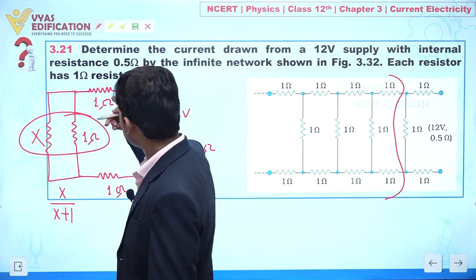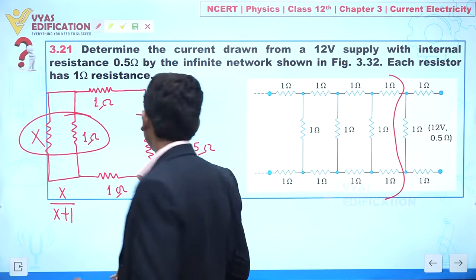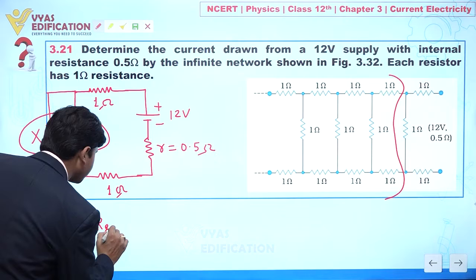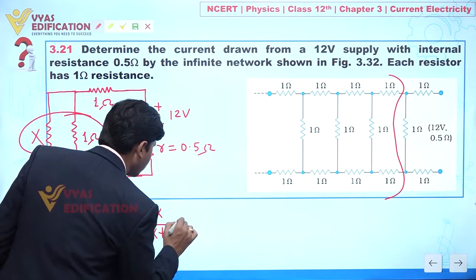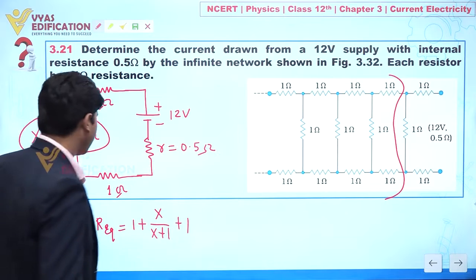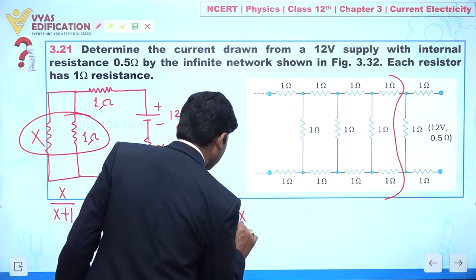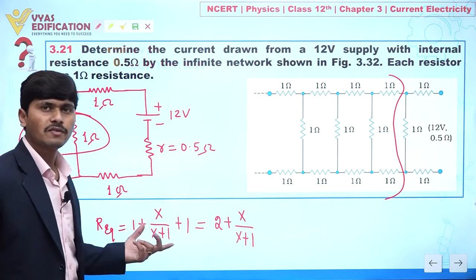After that, the 1 and 1 and this resistance are all connected in series. So R equivalent is given by 1 plus X upon X plus 1 plus 1, that is 2 plus X upon X plus 1. This is the value of equivalent resistance.